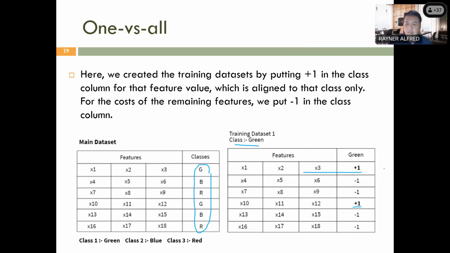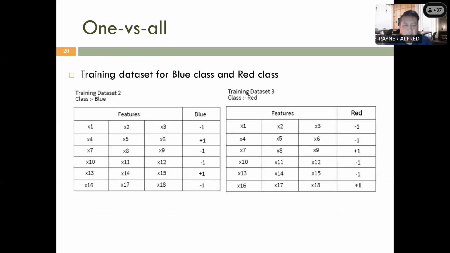So you will have only 2 labels here, whereas over here we have 3. That's how we convert multi-class to binary. So we will do it for the green, and then for the blue, and then for the red.